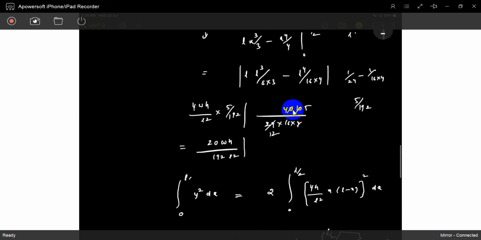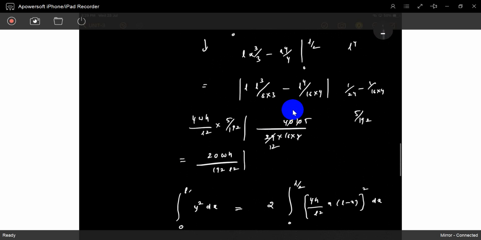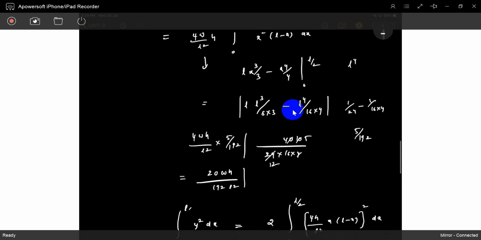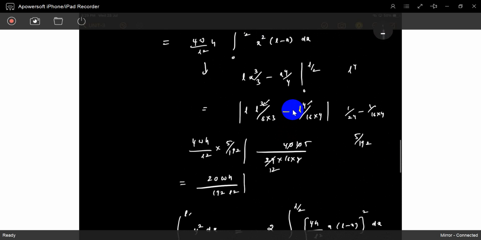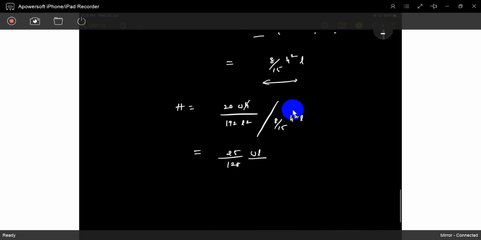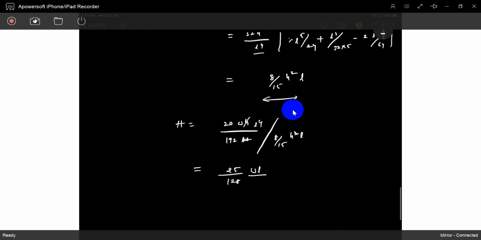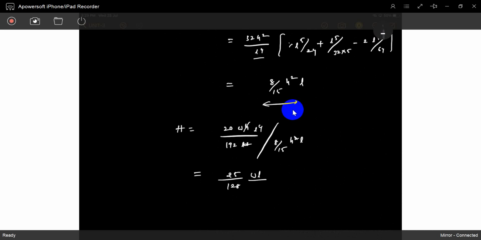So one thing you have to remember, what is that value? In this, yes, this has L power 4. We have to take L square. L power 4 is missing, just write L power 4.